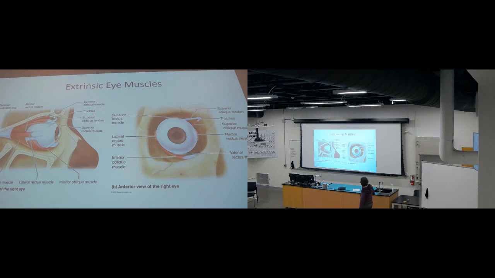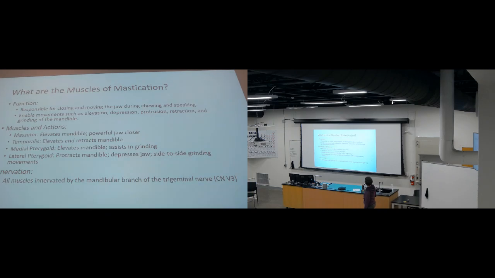And then the superior oblique has a little tendon that runs in this kind of a hook that is called trochlea. So this one is the one that is innervated by cranial nerve number 4, this one by cranial nerve number 6, and then the rest by cranial nerve number 3, oculomotor. Questions about the extrinsic eye muscles?